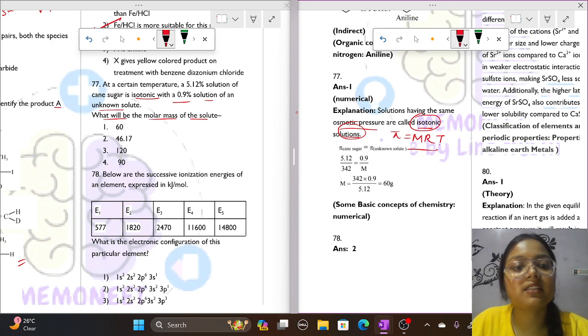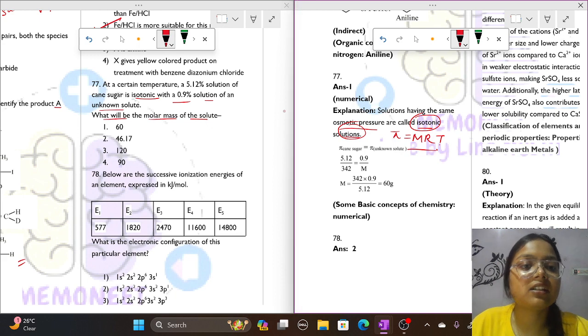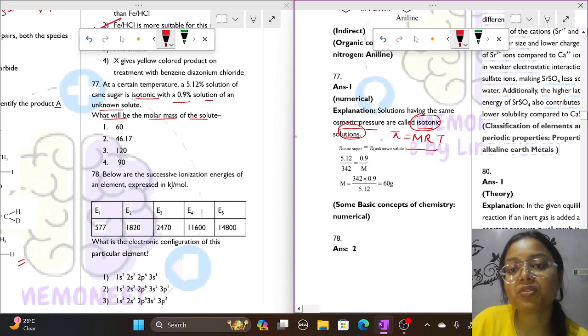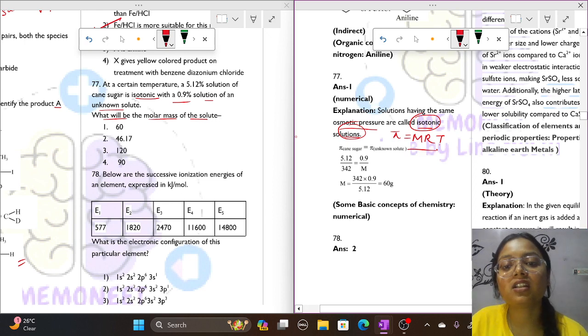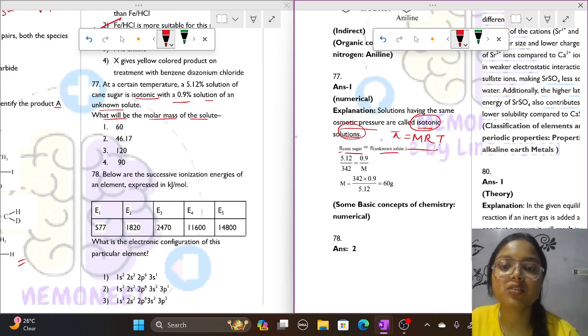So, here it is given that both of these are isotonic. Okay, so we know that for an isotonic solution, both of these solutions will have the same osmotic pressure. So osmotic pressure of cane sugar is equal to the osmotic pressure of the unknown solute.